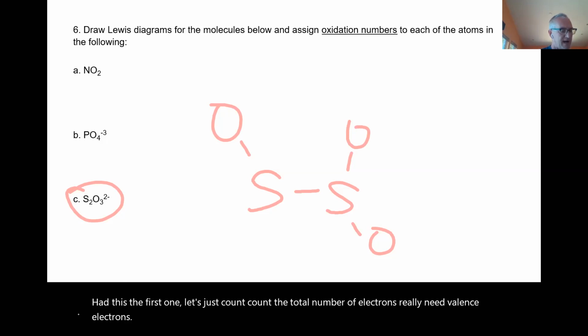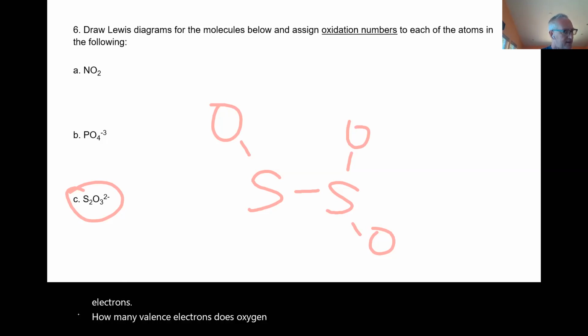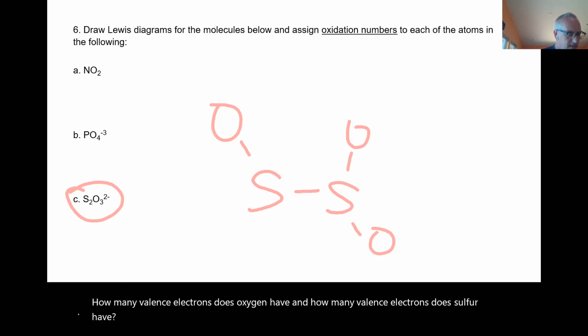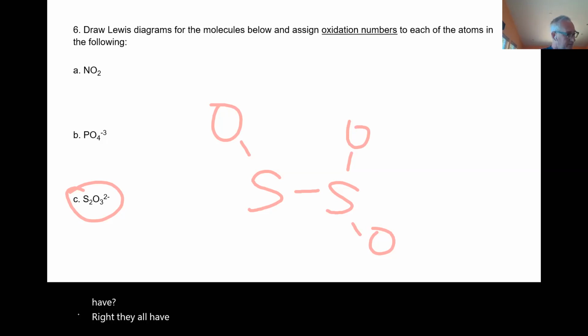How many valence electrons does oxygen have, and how many does sulfur have? Oxygen is 6. Sulfur is also 6. Right, they all have 6. Where's my thiosulfate?